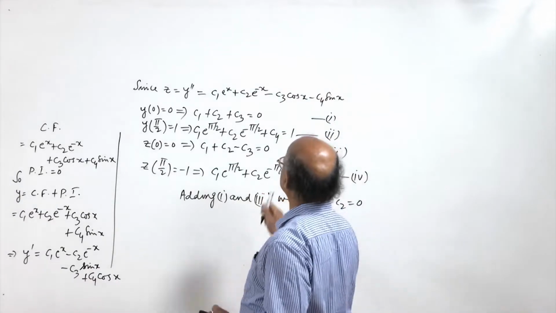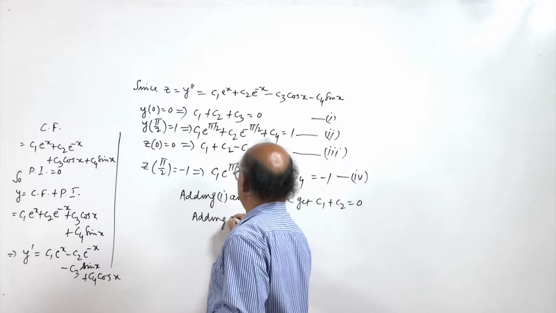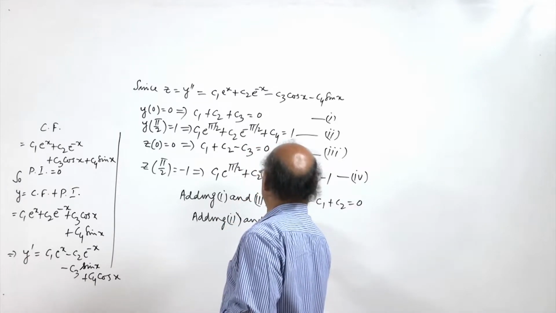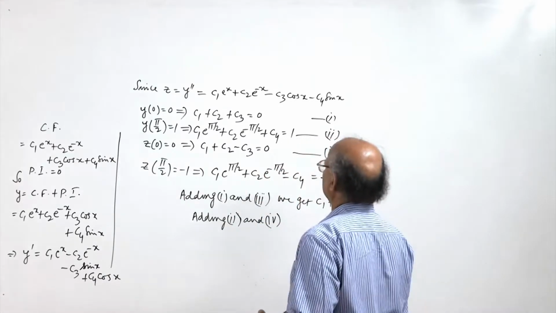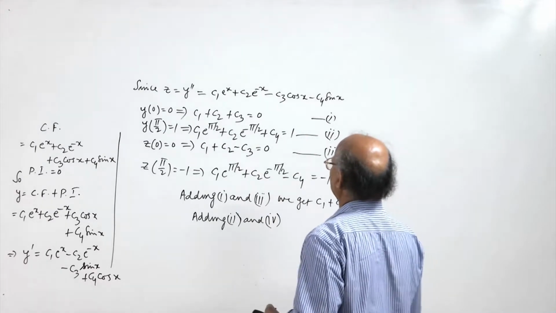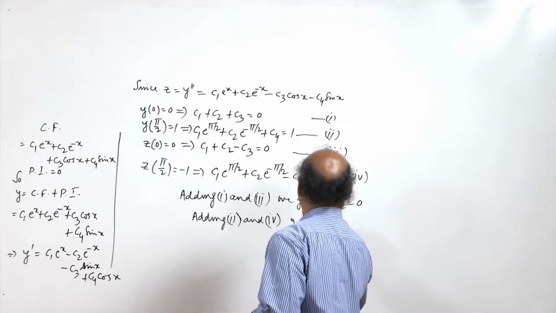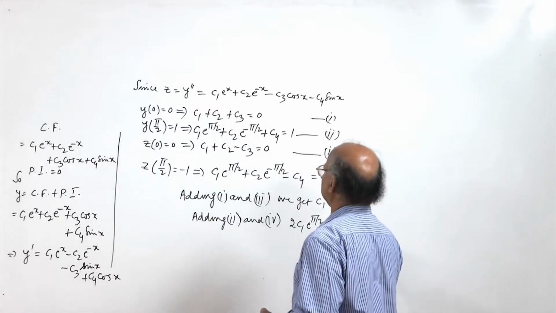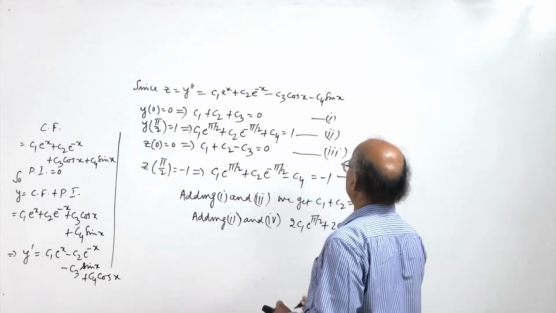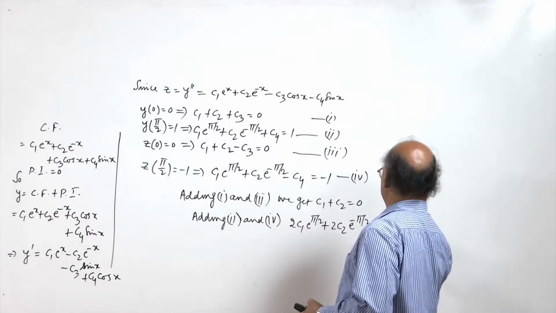If we add second and fourth, we shall have 2c1 e to the power pi by 2 plus 2c2 e to the power minus pi by 2, and c4 will cancel, 1 and minus 1 will cancel, we will get equal to 0.